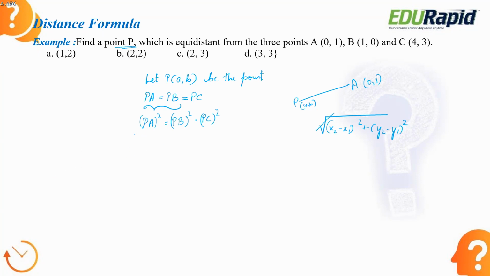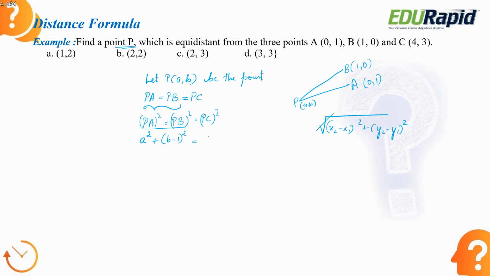Now directly I can write (a minus 0) whole square. I'm considering only PA and PB. So for PA, a square plus (b minus 1) whole square is equal to, similarly, PB. If I consider B as the other point, it's (1, 0).